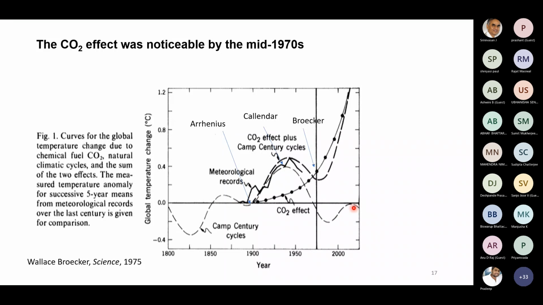This line is natural variability. The dots show the CO2 effect, and the thick dashed line is the total effect, the sum of the two. And at this time, in the 1970s, the CO2 effect was quite substantial. It was the same magnitude as a warming signal from observations and much larger than the natural variability.